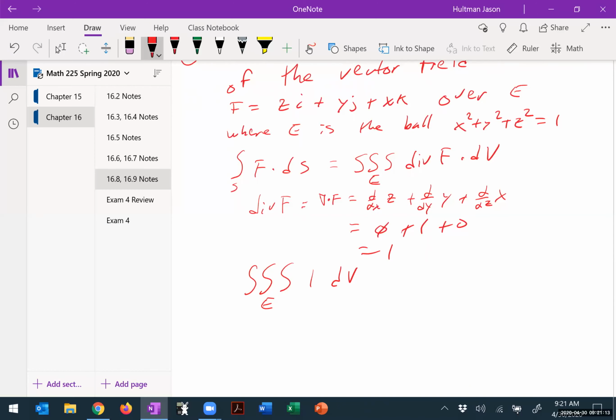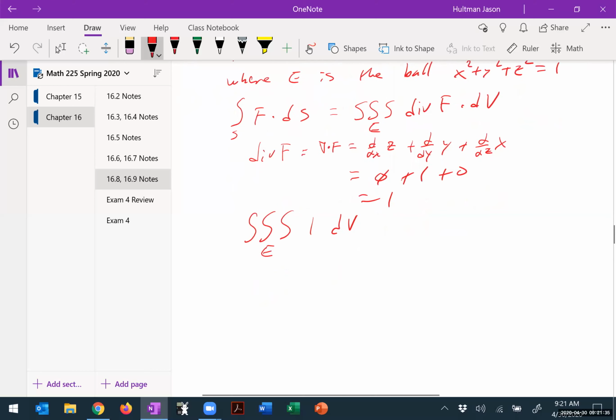Because we just took our partials with respect to x, y, and z. We did not parametrize F. So we are going to have to convert this to spherical coordinates.